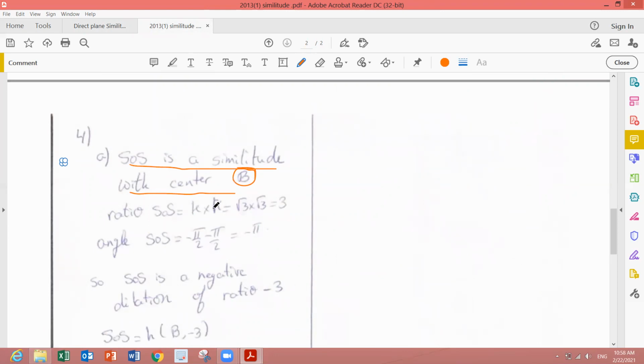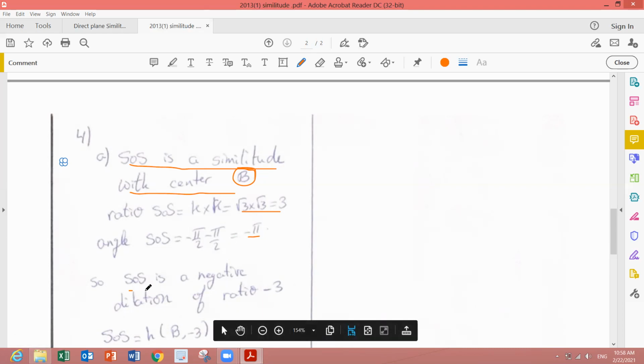The ratio K times K is radical 3 times radical 3, which gives 3. And the angle is minus pi over 2 minus pi over 2, which is minus pi. If the angle is pi, what do we get? A negative dilation, with ratio minus 3.